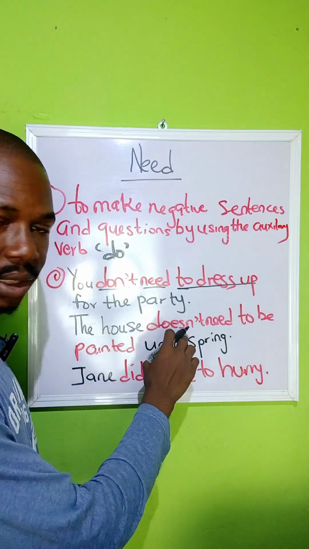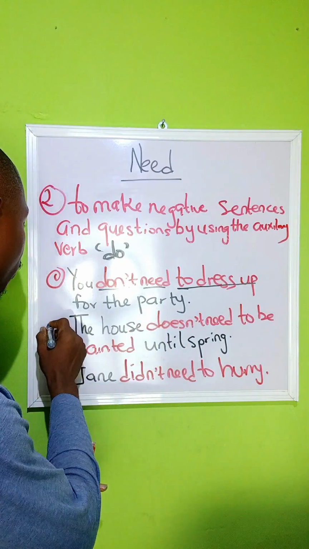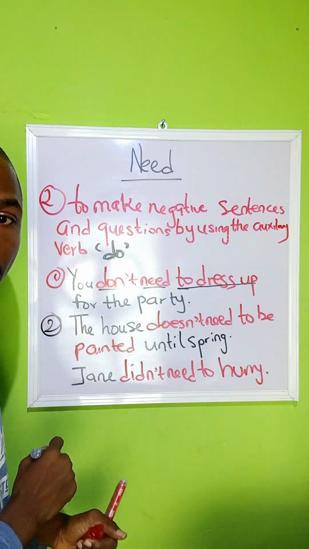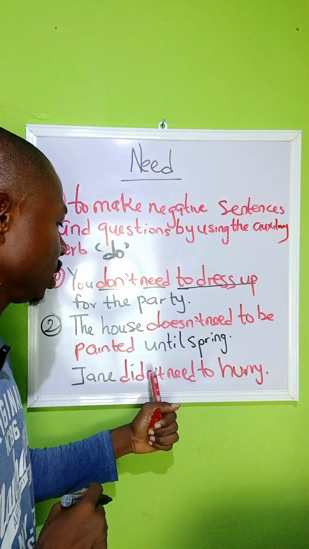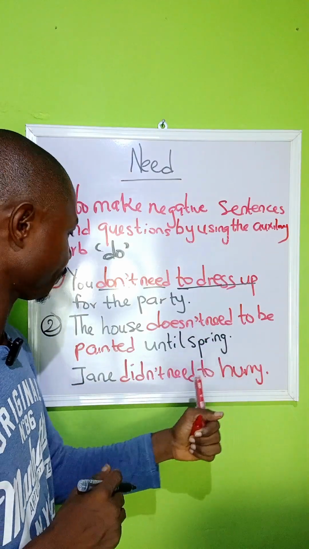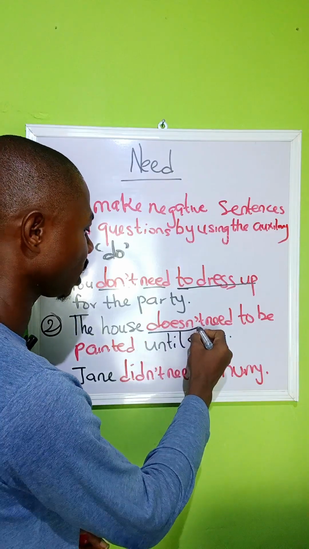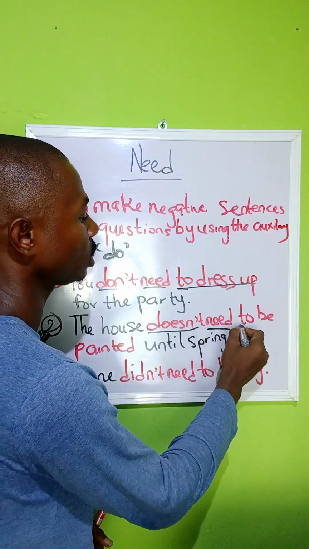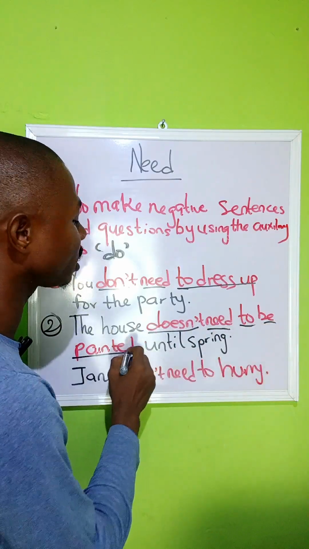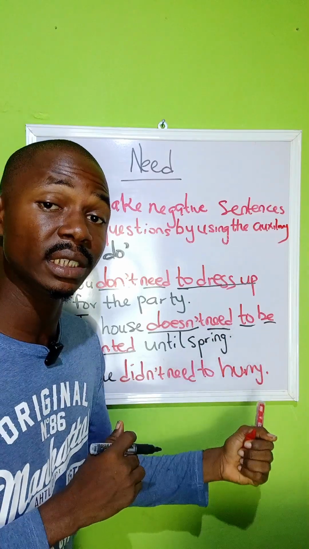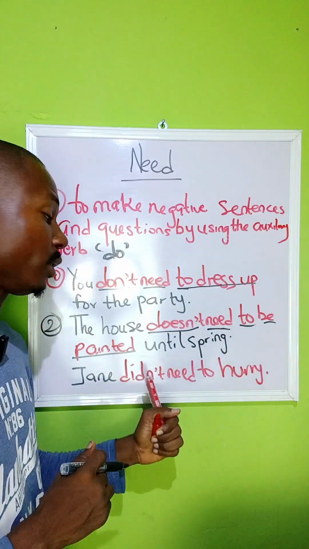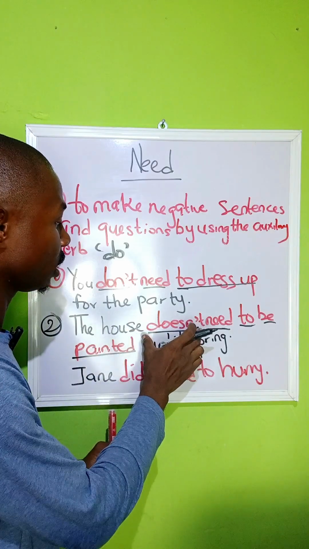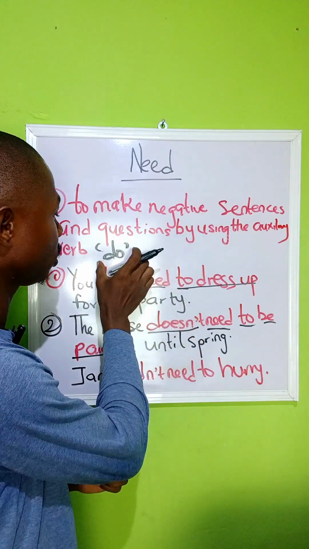Number two is the house doesn't need to be painted until spring. So we can see here, doesn't need to be painted. The principle is there, need to plus the infinitive form of the verb, but we added the auxiliary verb do.